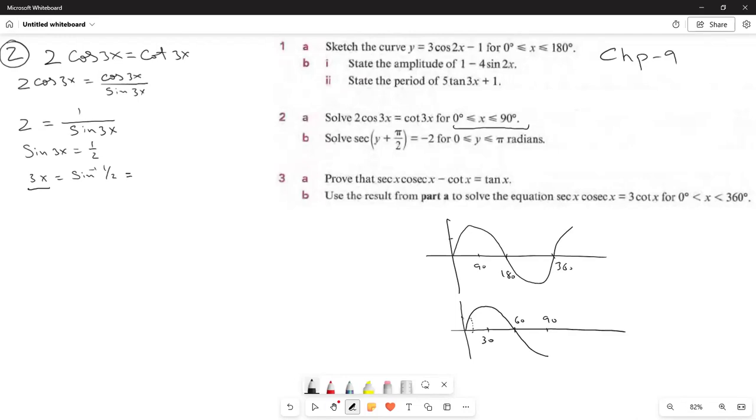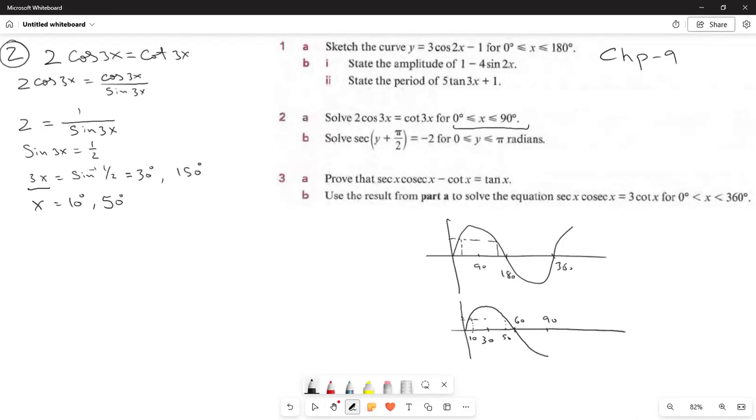Sine inverse half is when the angle is 30 degree and 150 degree, right? So this is 30 degree and 150 degree. Okay, so x would be equal to 10 degree and 50 degree. You can see here it is 10 and here it is 50.